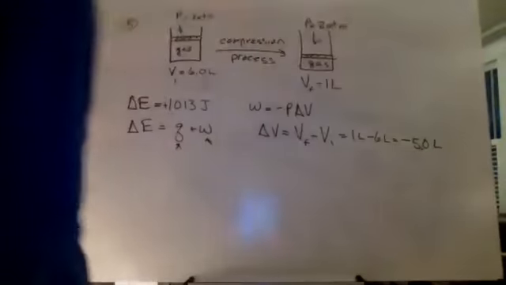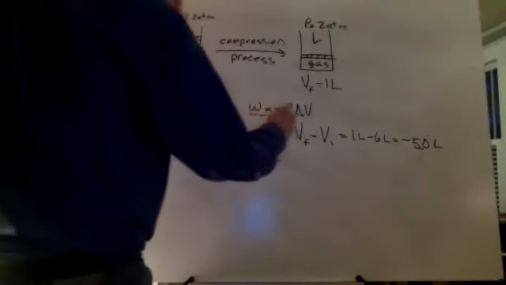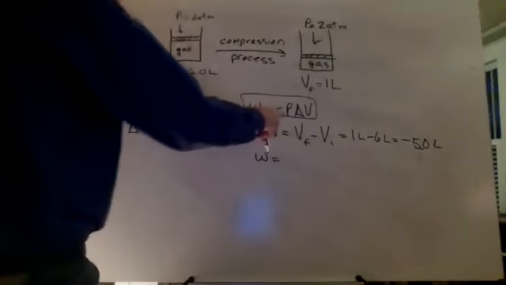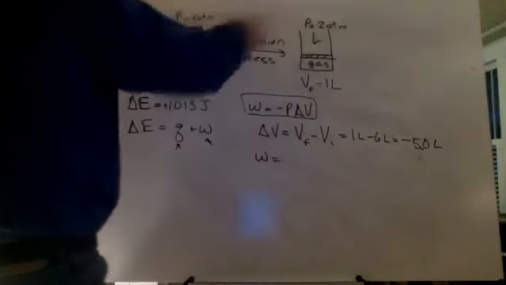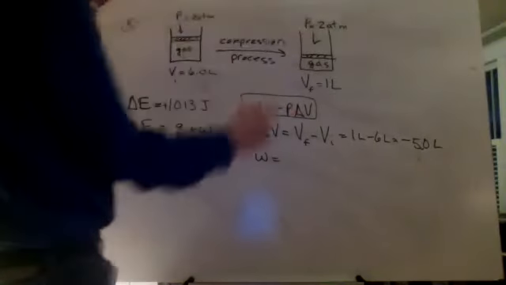That's our volume change. So now we can calculate the work, because the work, as we see here, is equal to minus the pressure, which is 2 atmospheres, times the volume change, which is -5.0 liters.